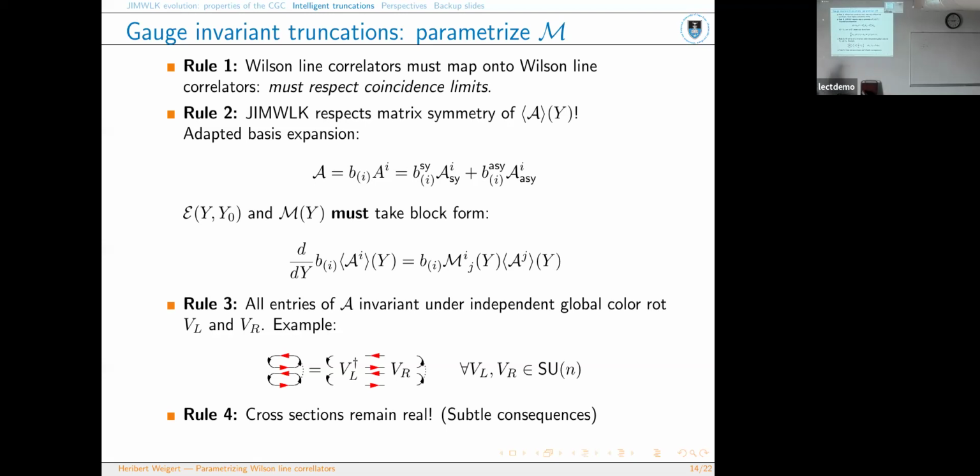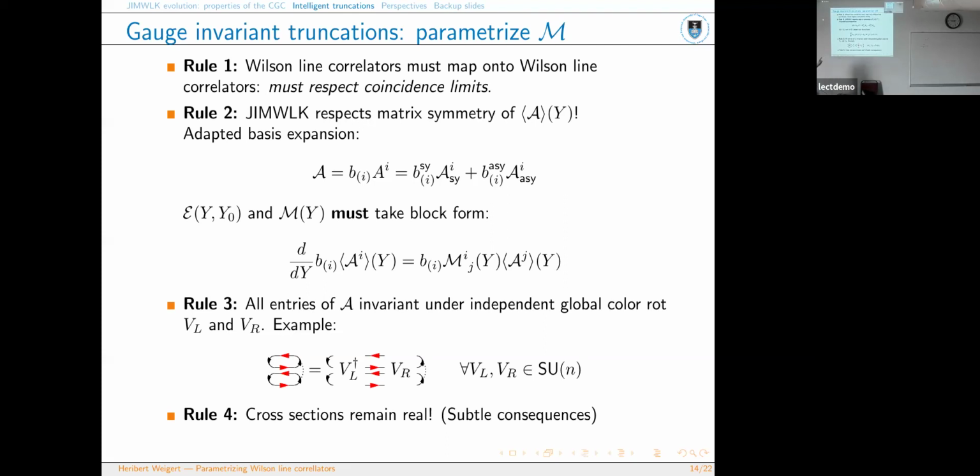Okay, so the rules that you collect if you stare at this, that your parameterization must obey: Rule number 1, Wilson line correlators, as I change energy, must become Wilson line correlators. Again, that means all these coincidence limits must work. Gauge invariance must work. Rule number 2, this came out of Robert Moorman's MSc, is that these matrices actually are symmetric.